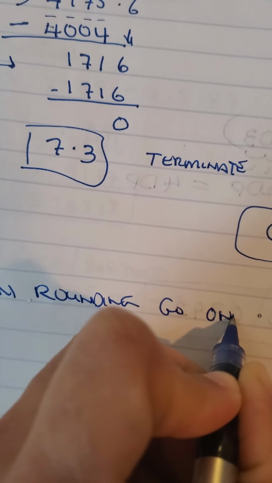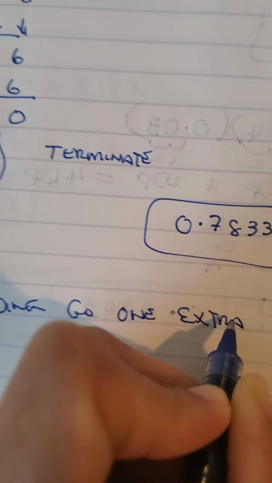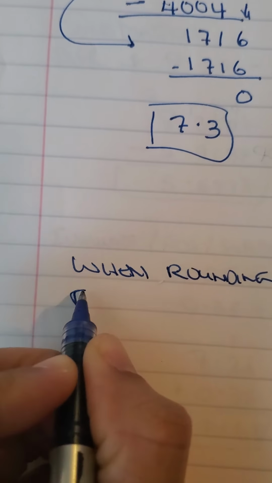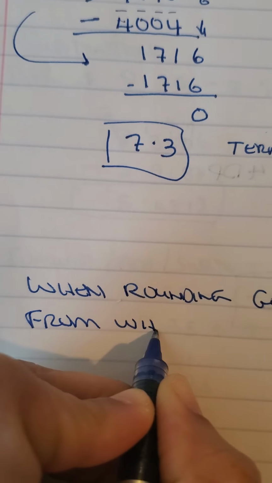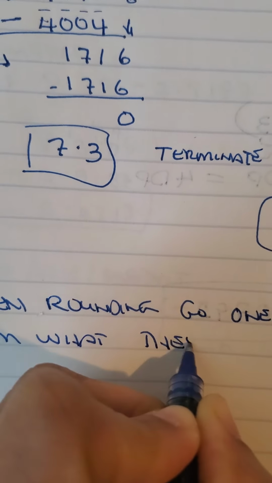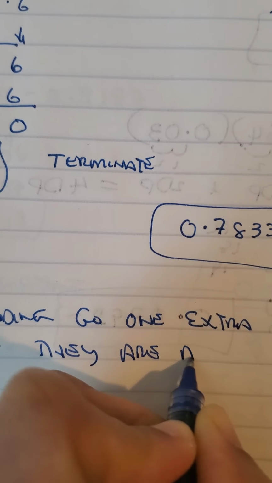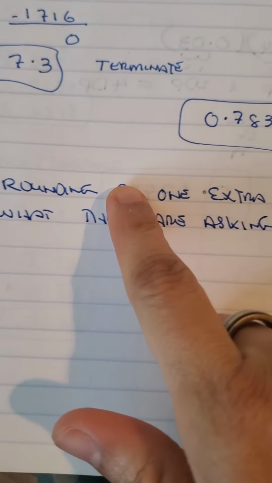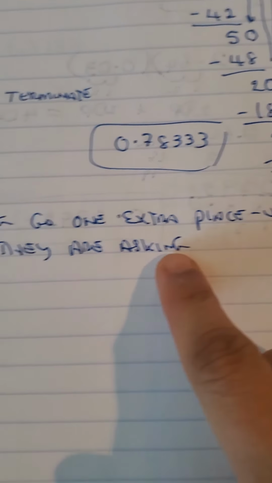So when rounding, go 1 extra place value from what they are asking.